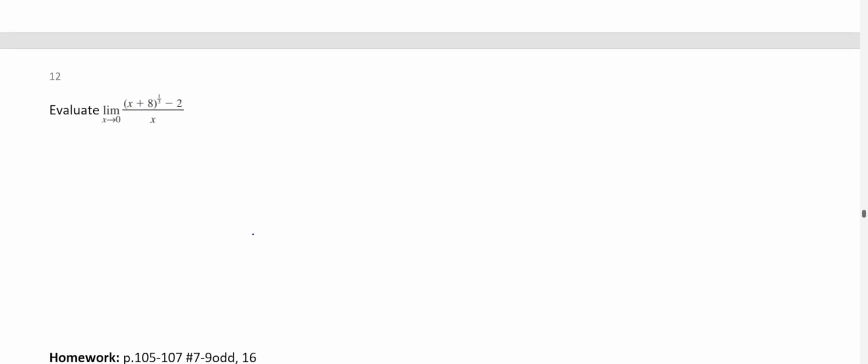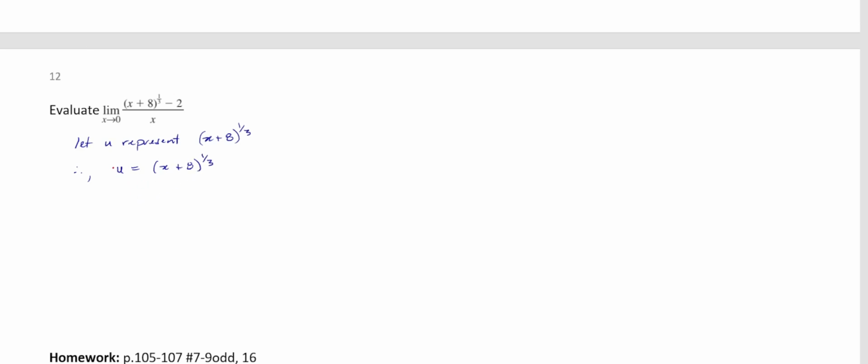What I will say here is I'm going to take this value right here, this (x plus 8) all to the power of 1/3. I'm going to say let u represent (x plus 8) all raised to the power of 1/3. Okay, so therefore u is equal to (x plus 8) to the power of 1/3.